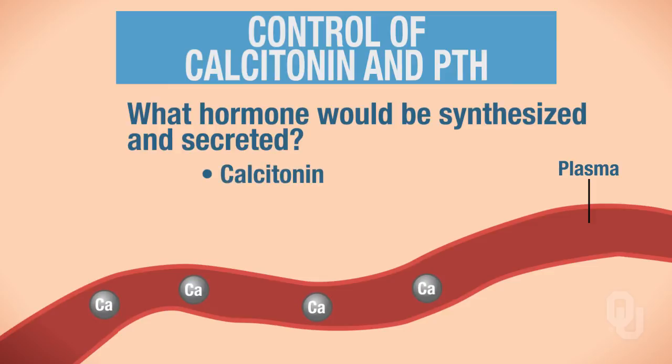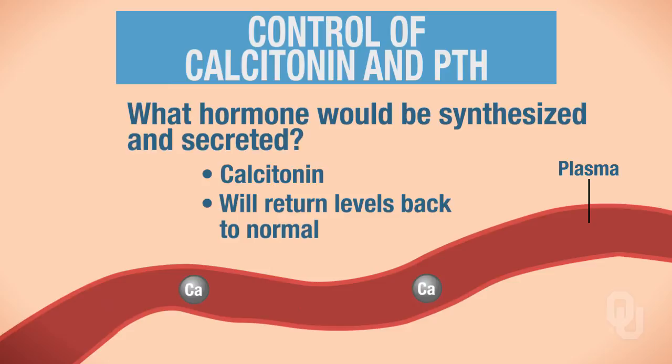This would be calcitonin. Once calcitonin is synthesized and secreted from the thyroid gland, that will return your plasma calcium levels back to normal. And then that system would shut off via negative feedback. Once the calcium levels are back to normal, the thyroid gland would stop or shut down its synthesis and secretion of calcitonin.